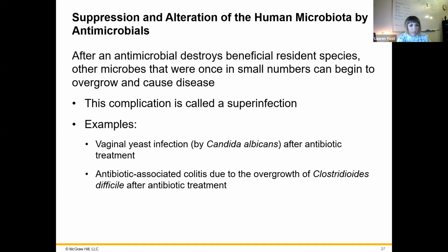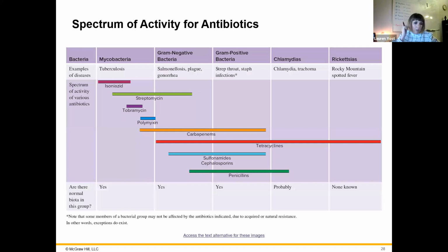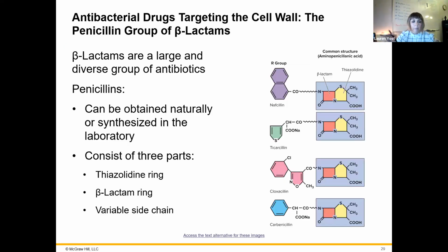They've changed the name recently, but anyways, same idea there. So it's a bad thing. That's called superinfection. So here is just showing the spectrum of antibiotics. You can see here the tetracyclines have quite broad spectrum, whereas the polymyxins have a very narrow spectrum of what kind of bacteria they can actually treat.